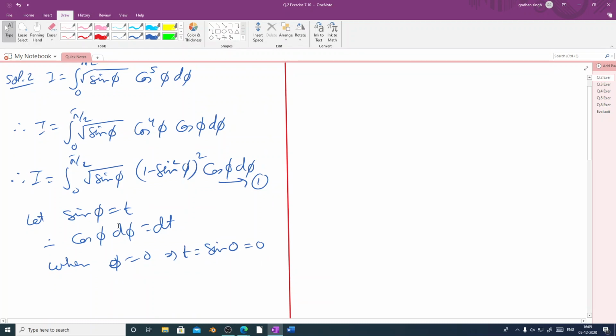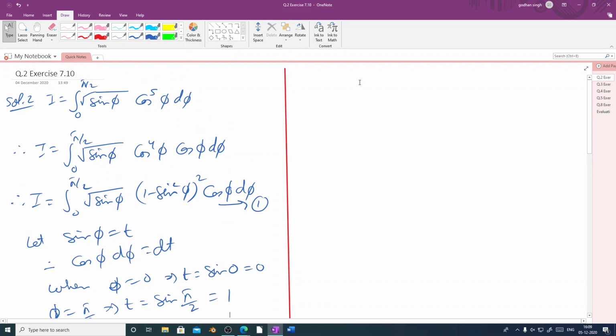And when phi is equal to pi by 2, t is equal to sine pi by 2, and that becomes 1. Therefore, what is our I?